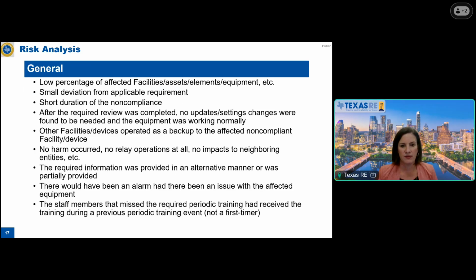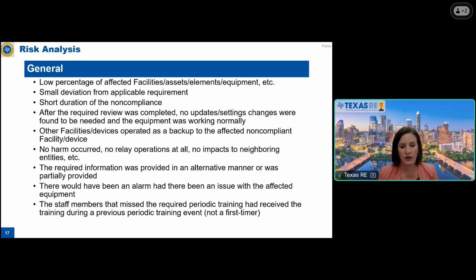This is kind of a busy slide with a lot of information, but these are pieces of information that you might want to include in general, whether you're a generator or a transmission operator. I'd really like to draw your attention to the first one, and that is low percentage of affected facilities, assets, elements, equipment, etc. This is especially important for SIP cases.